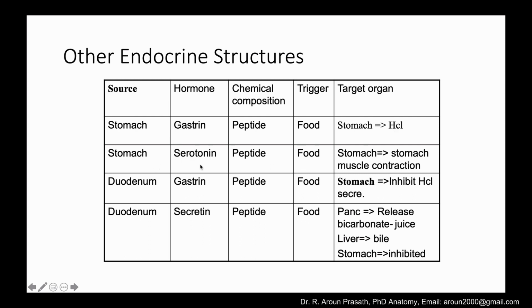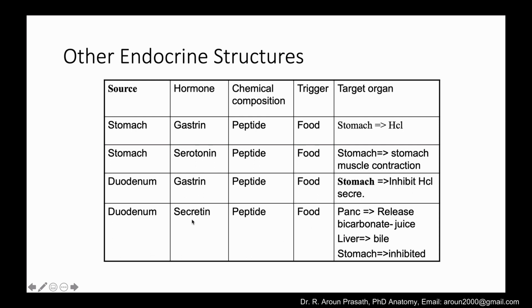Then the stomach also secretes serotonin that acts on the stomach muscle and causes stomach muscle contraction. Then the duodenum secretes gastric inhibitory peptide that reduces the hydrochloric acid secretion in the stomach.